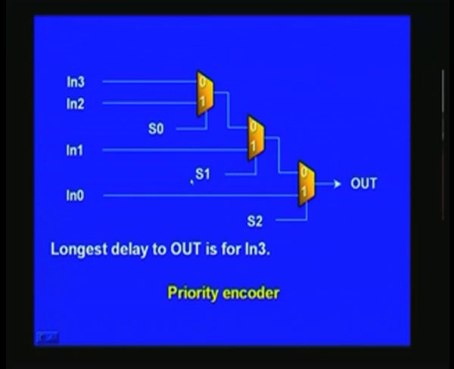On the other hand, if you go to selection of the input 1, then it has to go through 2 mux as such in order to appear at the output. So is the case with this, and one of these will be the longest path that you will encounter, and that is how you get a priority, but the price that you are paying is 3 delays as such. 3 mux delays are coming into the picture here.